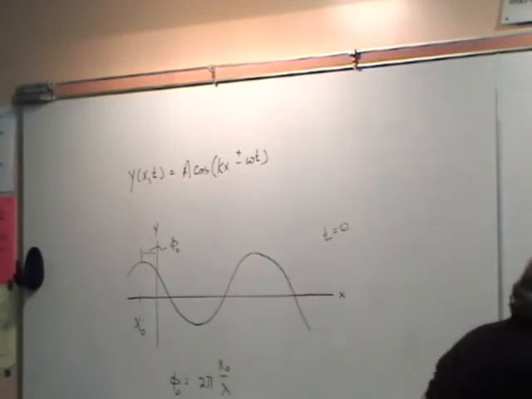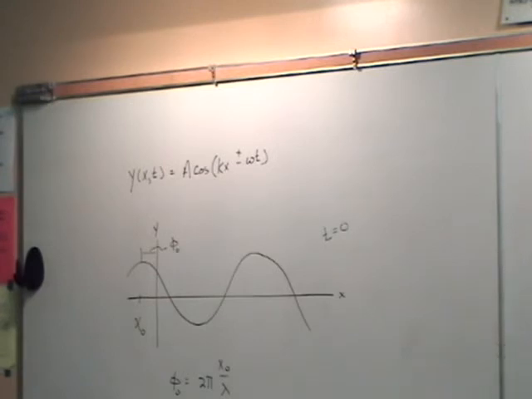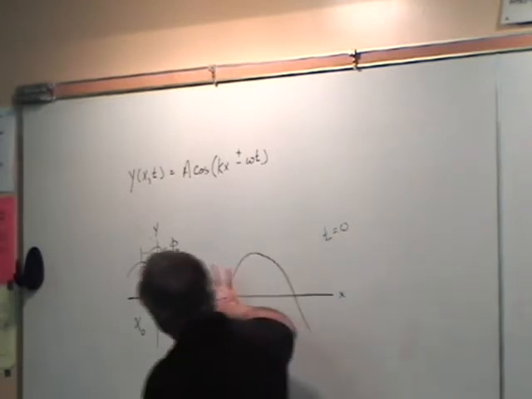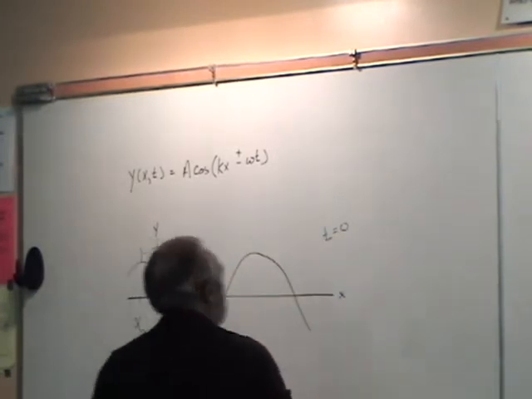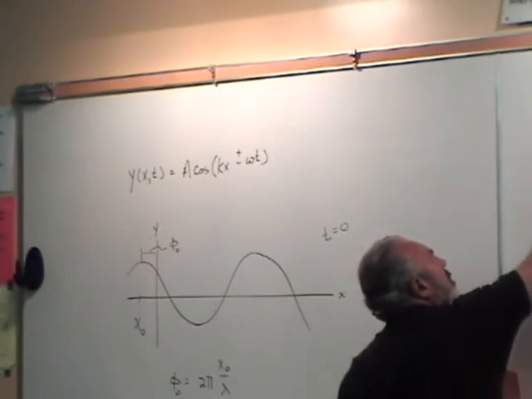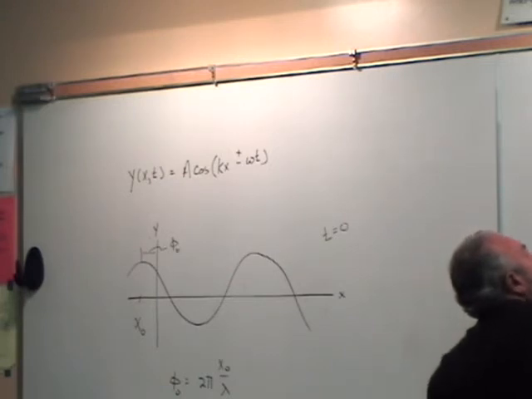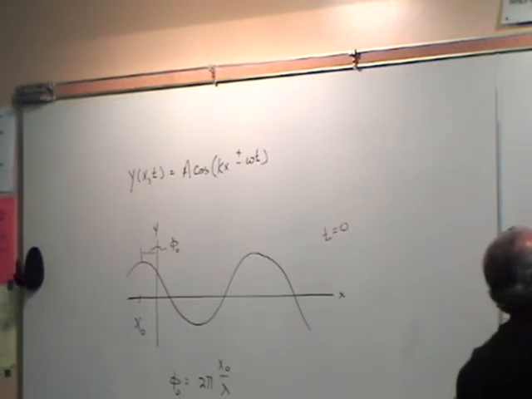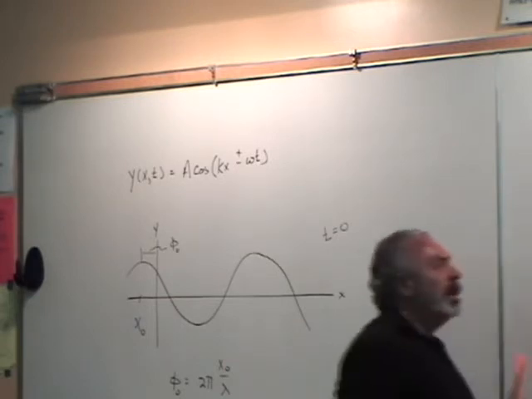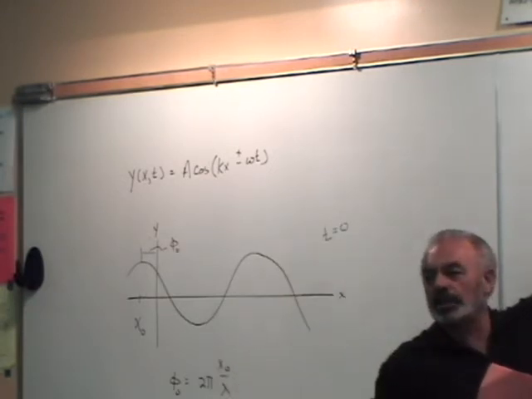So in the rare instance when the waveform is not lined up as a perfect cosine, we're going to assume that the cosine function is a little bit displaced like that. So our equation now looks like this: y of x and t equals A cosine of kx plus or minus omega t plus phi naught. Phi naught represents the initial phase shift at t equals 0.